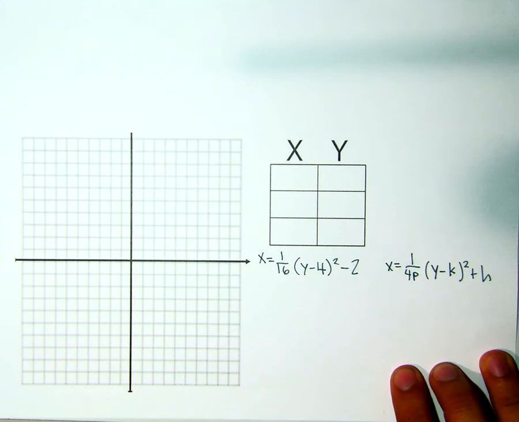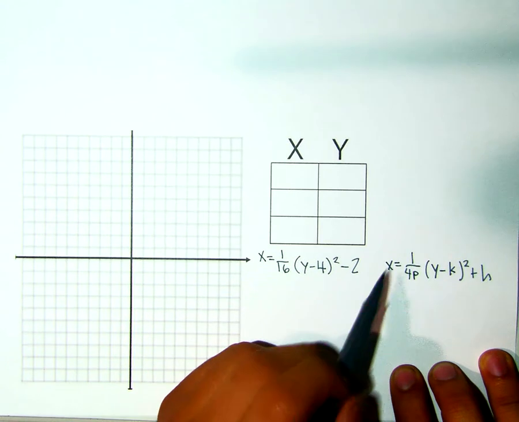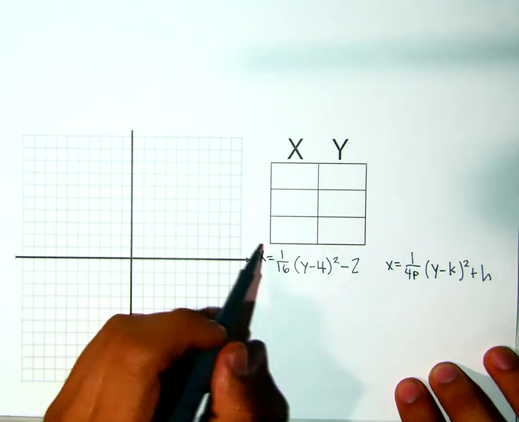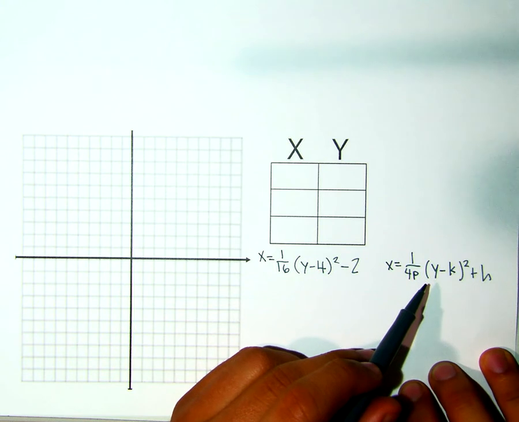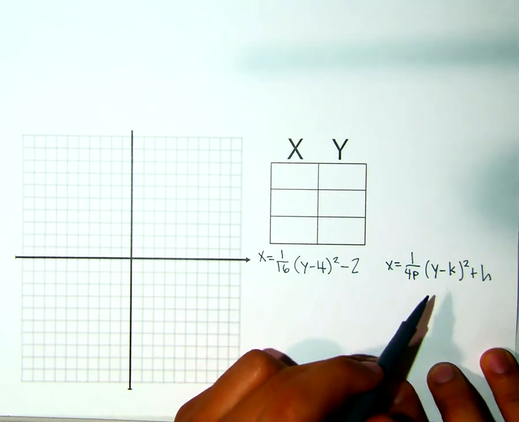Yes, they're similar. Are they the same? No, they're not written the same. This right here is standard form. Whenever we're graphing, we want to get the equation into standard form, so we're going to manipulate this equation so it matches up with this one here.